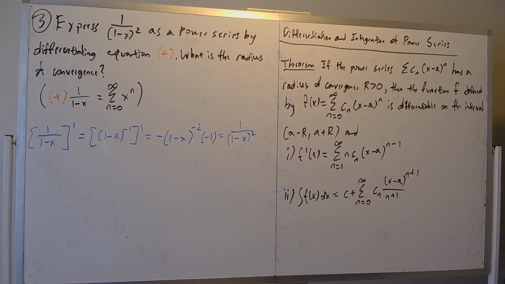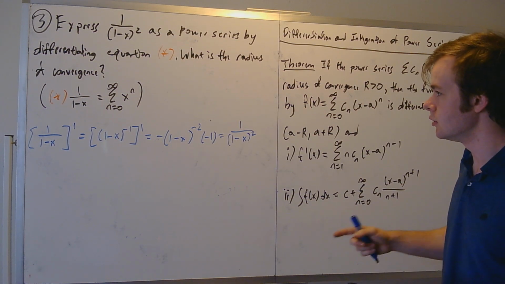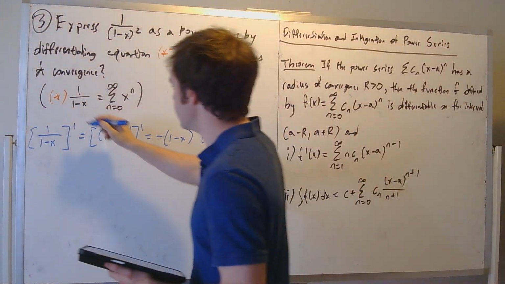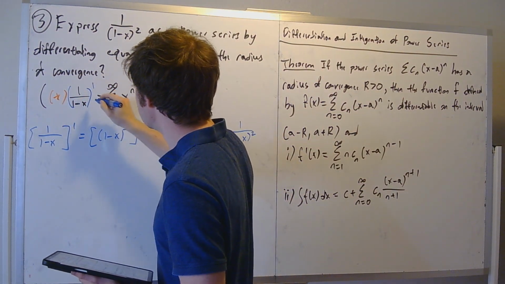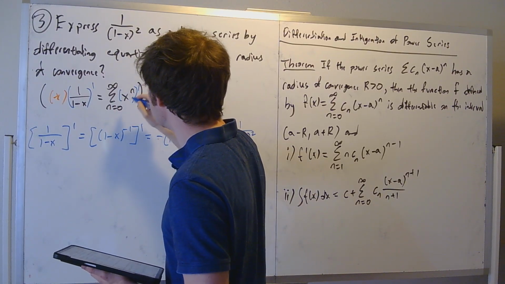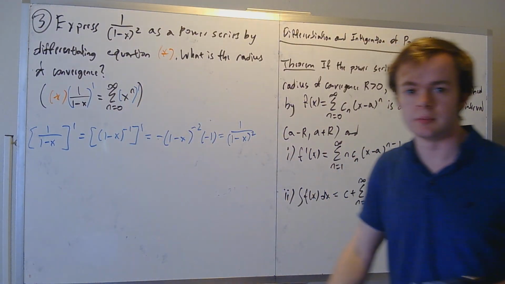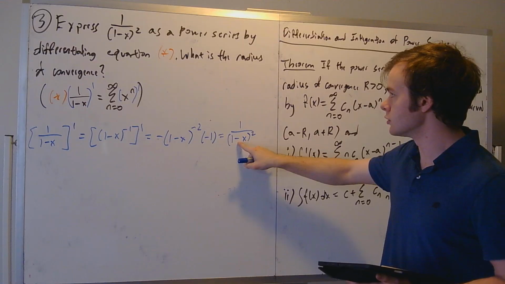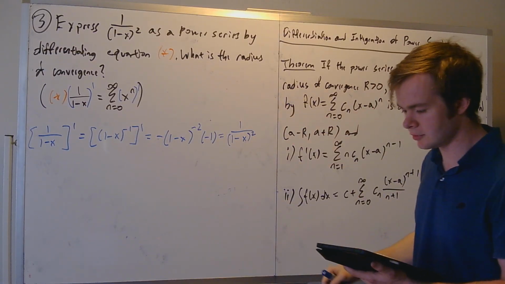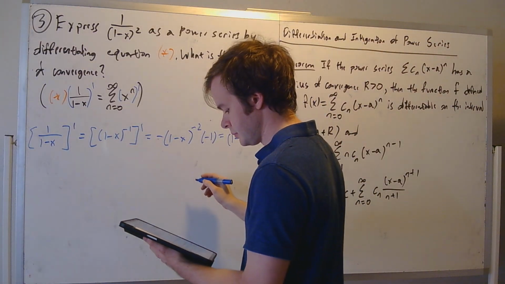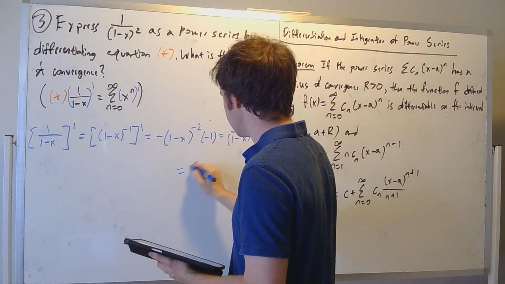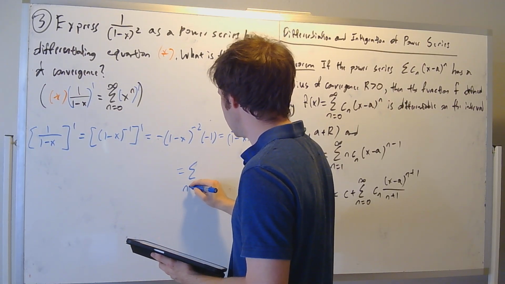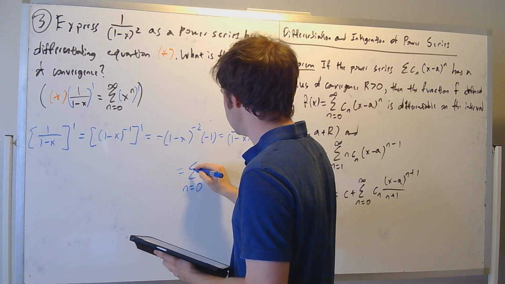Okay, so that's what we get using the chain rule, and what the theorem is saying is that the derivative of this is equal to here where we take the derivative of each term. Right, so this function, which was what we were interested in, is going to be equal to the sum from n equals 0 to infinity.